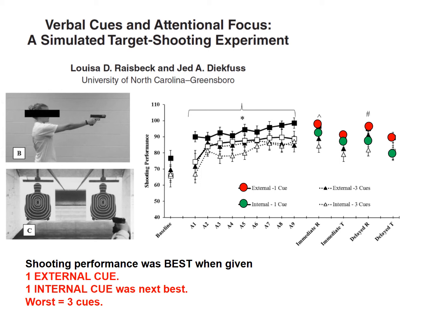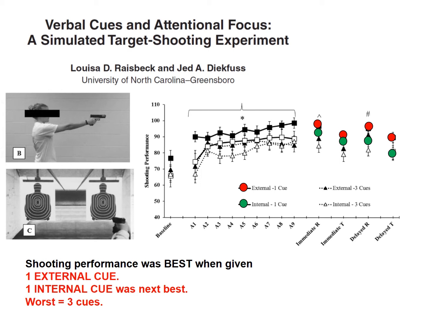You can see that they measured them at baseline, how good they were before any instructions. And then they practiced over the course of some time. That's the acquisition data. And then at the end, on the right-hand side, there's immediate retention, immediate transfer, delayed retention, delayed transfer.